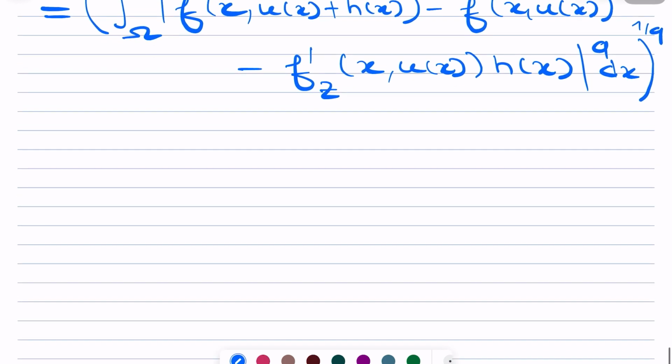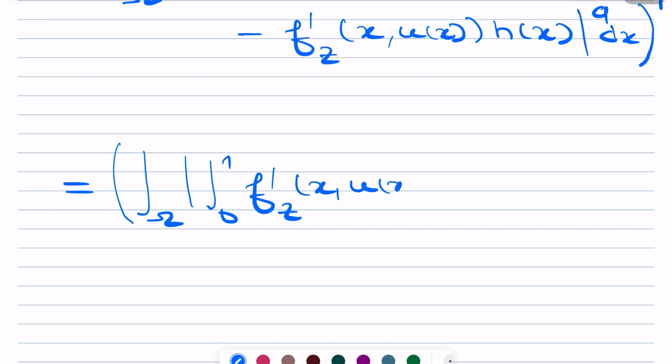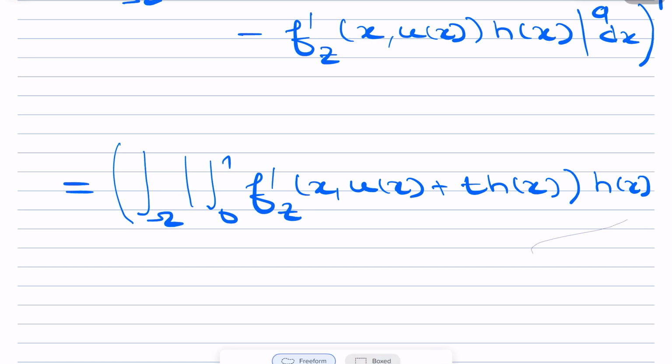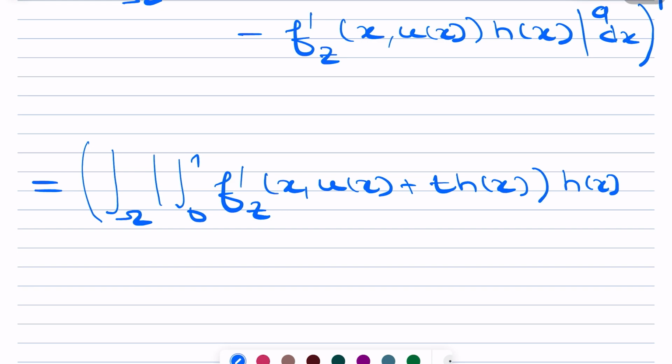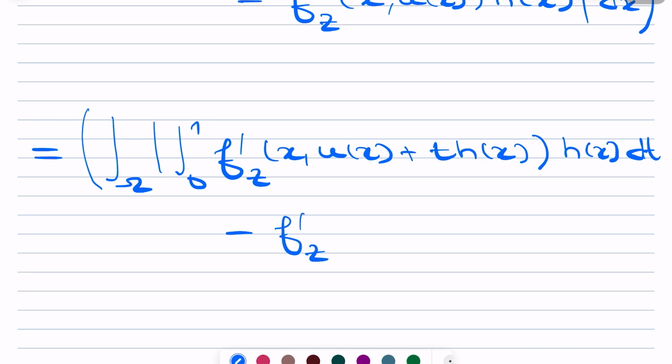Now the mean value property basically says that this is equal to the integral over omega of the absolute value of the integral from 0 to 1 of f prime z at x comma u x plus t h x applied to h x, let me just bring it a bit to the other side, times dt, minus f prime z at x applied to u x, h of x to the power q dx, everything to the power 1 over q.